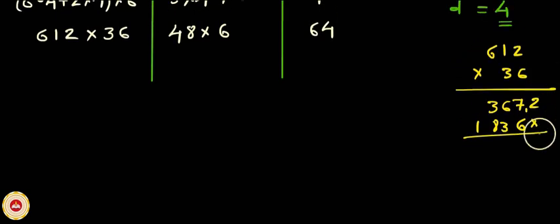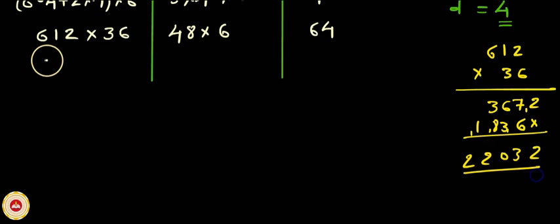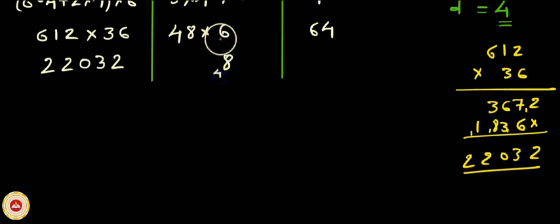Let us do addition. Correct. 22032. Okay, now 48 multiplied by 6. 6 8s are 48. 6 4s are 24 plus 4, that is 28. Okay, 64 as it is.